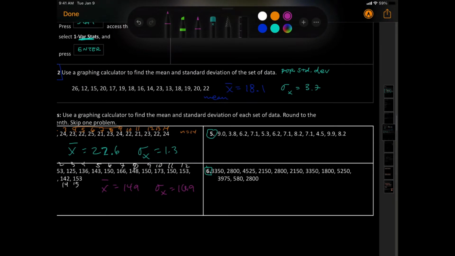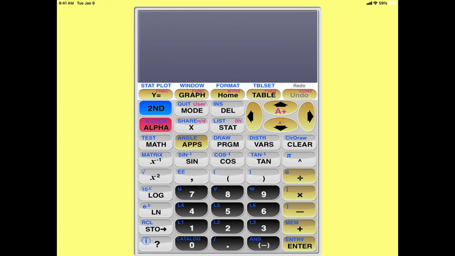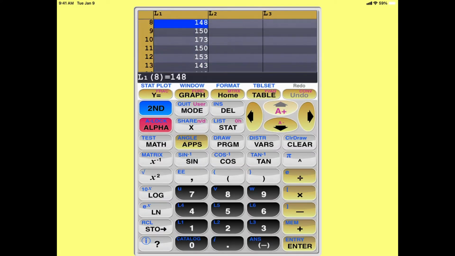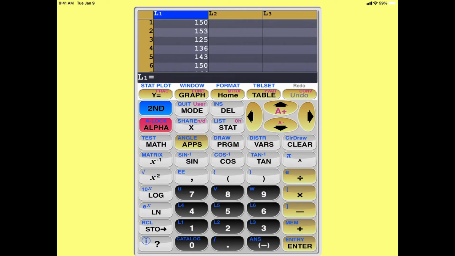Let's go ahead and try number 5. I'm going to number them just in case. This helps me make sure I don't miss a number. As you saw, it is very easy to miss a number. Okay, clear, stat, edit. Go on top of the list, highlight, press clear. And list number 1, 9.